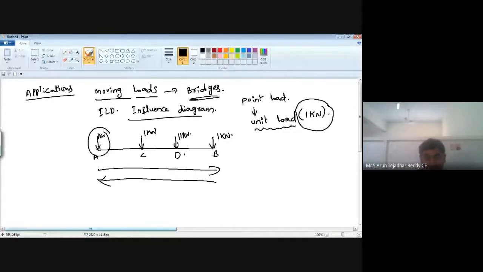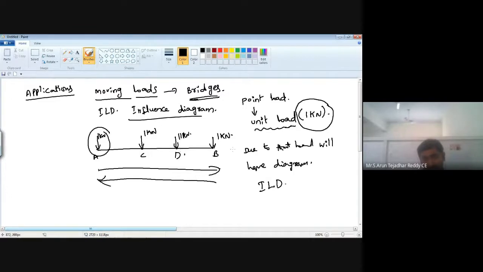Due to that load, we will have one diagram, that is called an influence line diagram. That diagram I will show you later, but just listen to the concept.